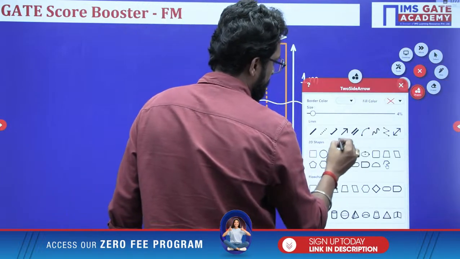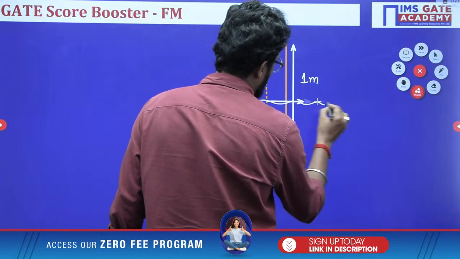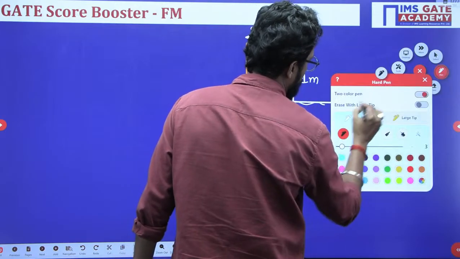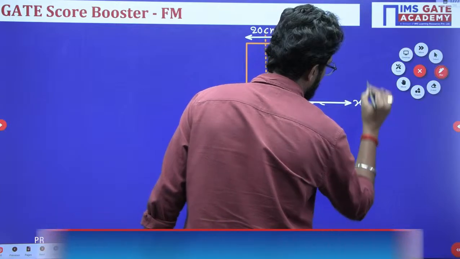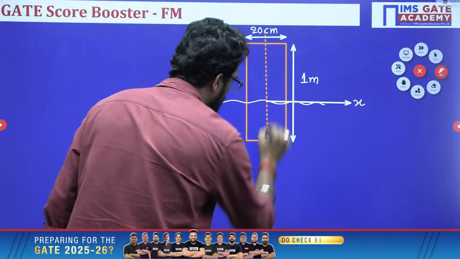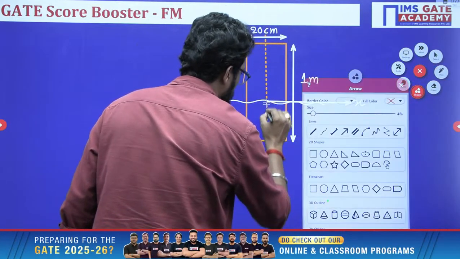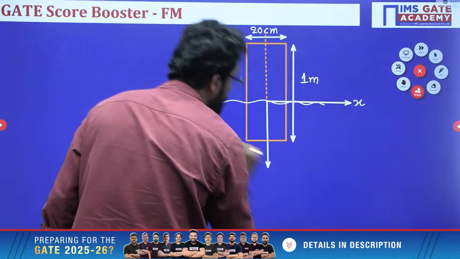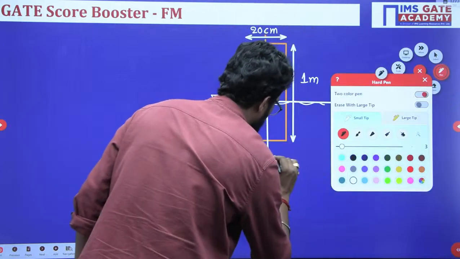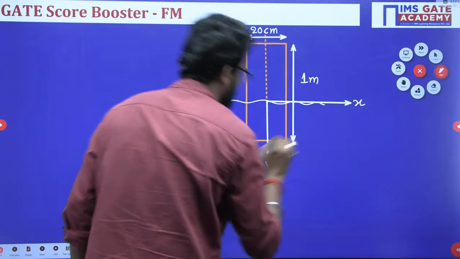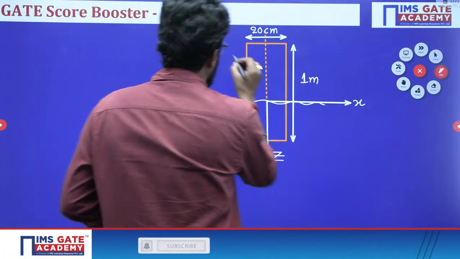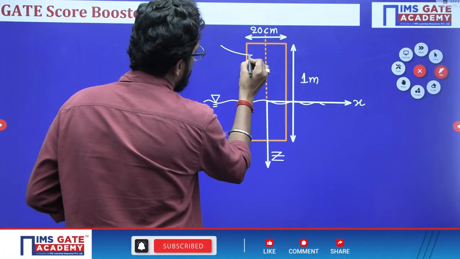Now this is our x-axis. We always take it like that, x-axis. This is our z-axis. Now, my dear, this is the cross section of the wooden cylinder, yes or not?